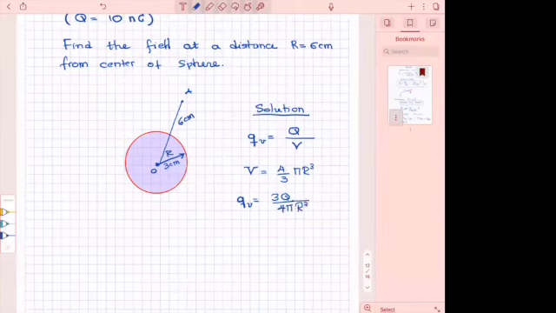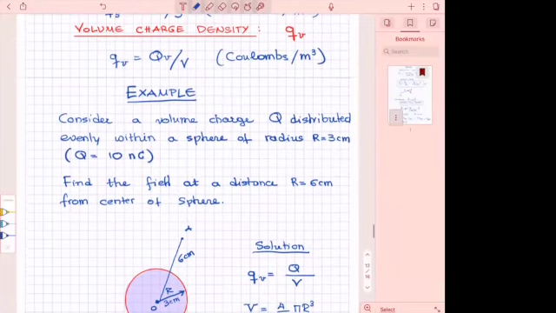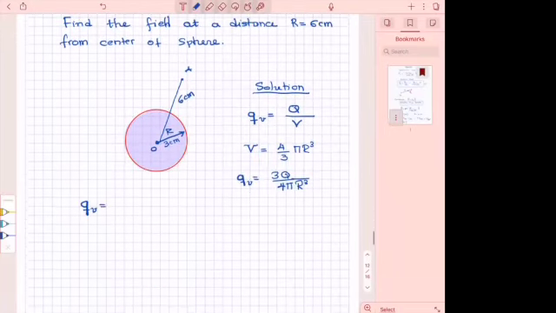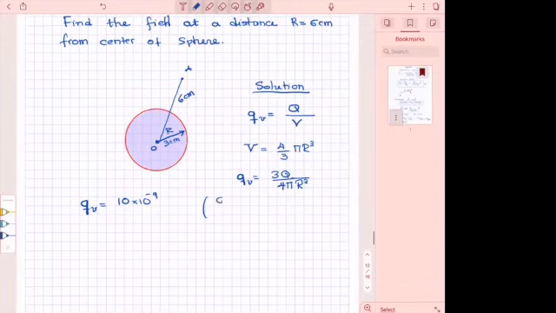And because I have Q, I have r cubed, then I can find that Q_V is going to be 10 to the minus 9 coulombs, over 4 pi r, it's 3 centimeters, so it's going to be times 9.